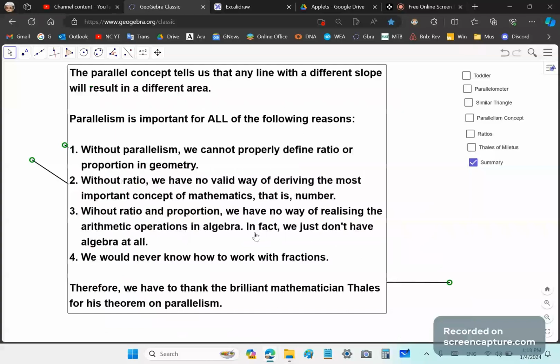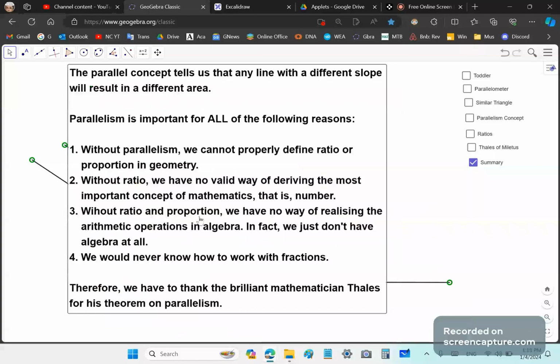By the way, those arithmetic operations were all established using geometry, symmetry of the circle, and ratio and proportion, which is what I've just been showing you now. So to sum it up, you don't even have algebra at all, because if you don't have proportion, you don't have algebra.